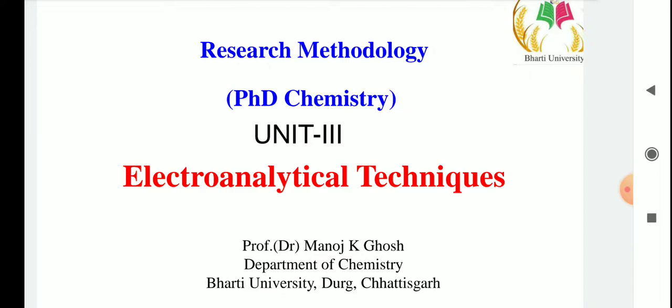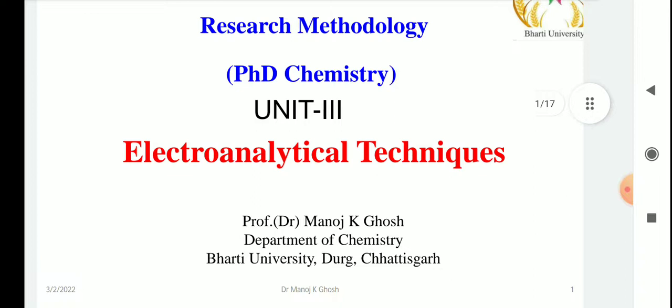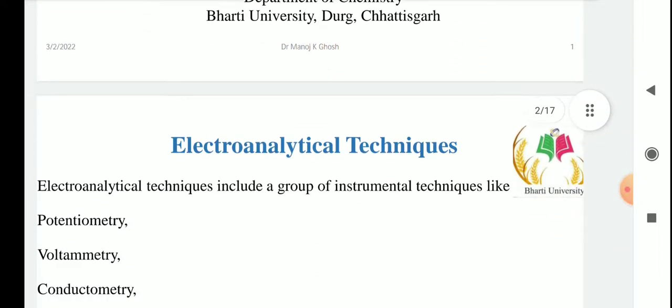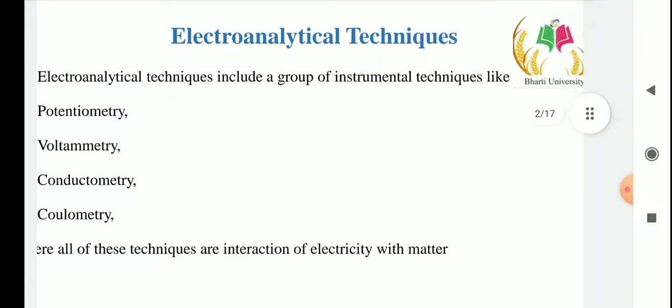The first topic present in Unit 3rd is electroanalytical techniques. Now, I am discussing electroanalytical techniques. What are the electroanalytical techniques?